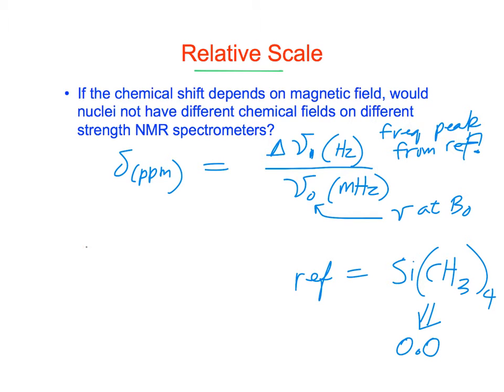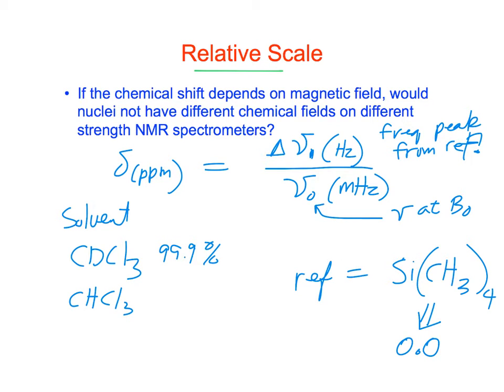Right. So usually, for example, our solvent is CDCl3. Okay, but it's only maybe, let's just say, 99.9% deuterated, and it has CHCl3 at 0.1%.